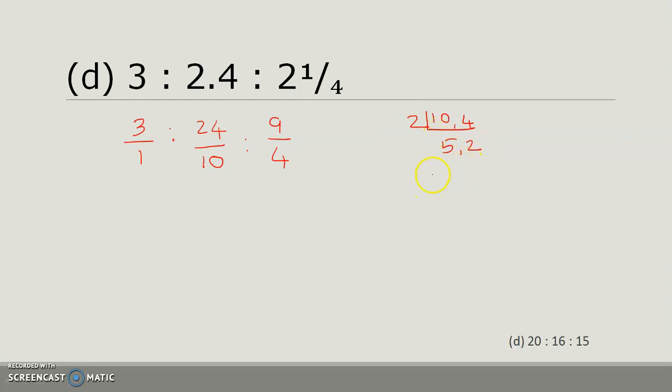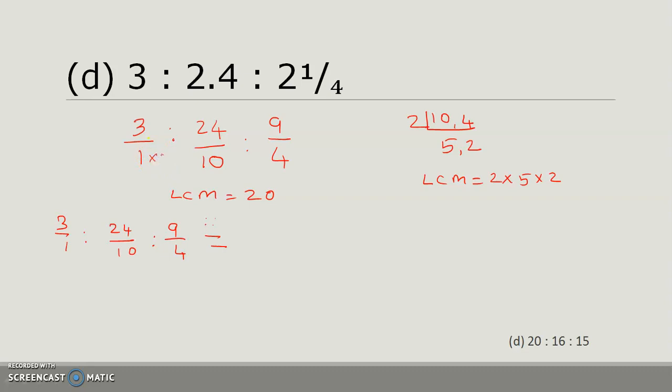We don't have any common table, so the LCM is equal to 2 into 5 into 2. So 2 5s are 10, 10 2s are 20. LCM is 20. So I can write 3 by 1 is to 24 by 10 is to 9 by 4. Instead of this we can have the proportional symbol also, both are the same.